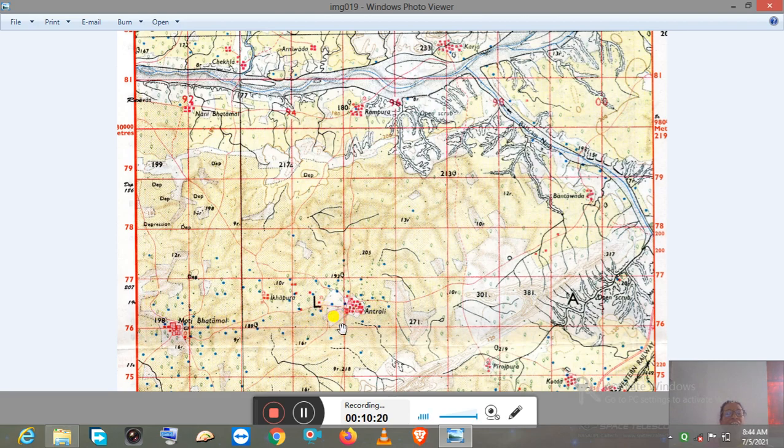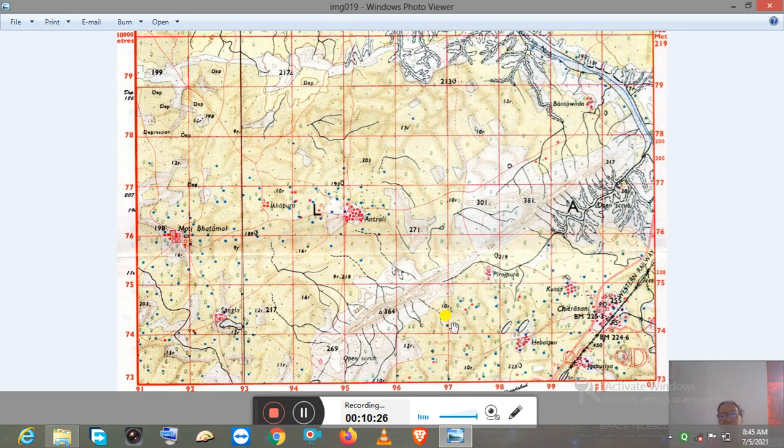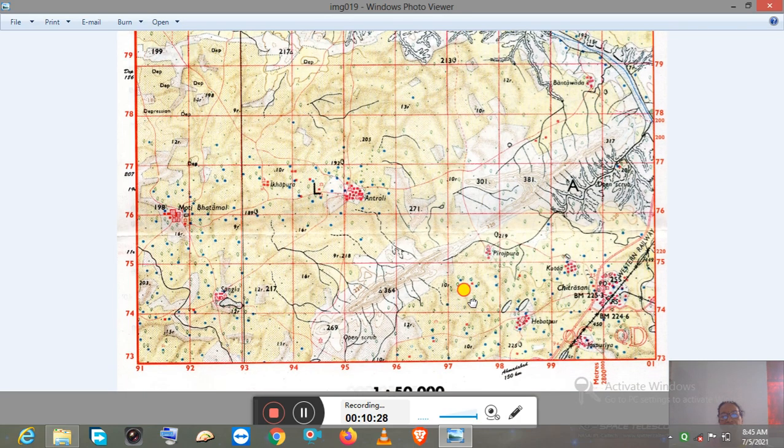That means that is a nucleated pattern. If the permanent settlements are far from each other, as in grid square 9773, where you can see one permanent hut very far from the others, that means this is showing dispersed settlement.